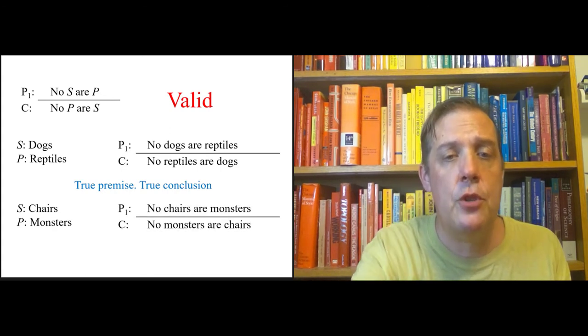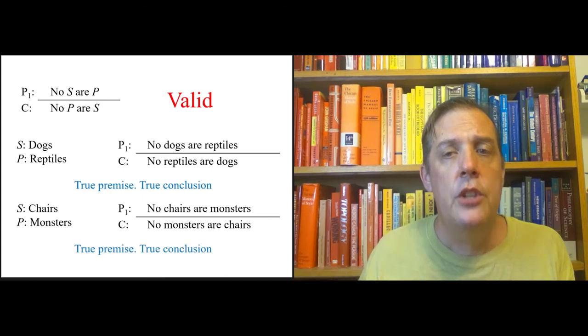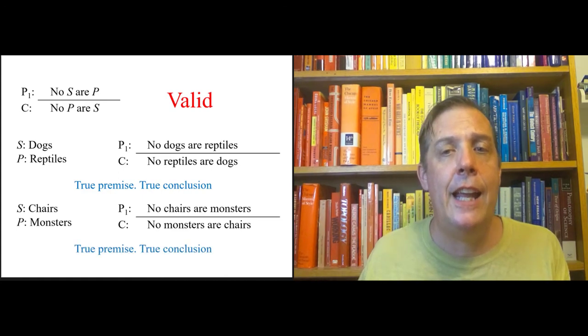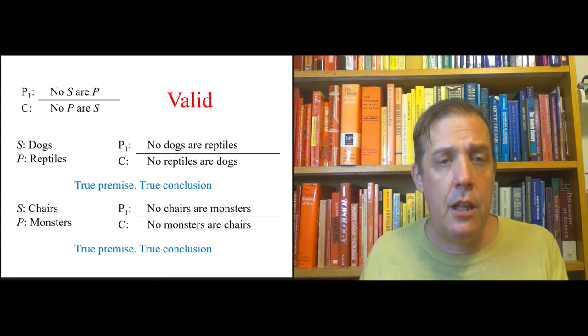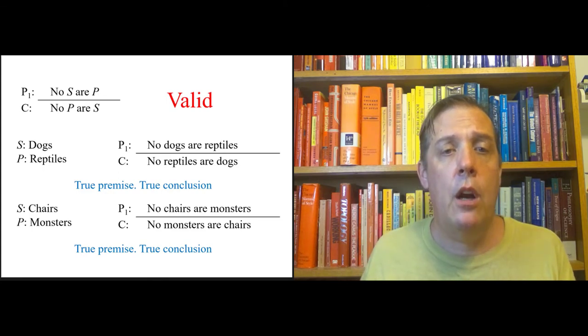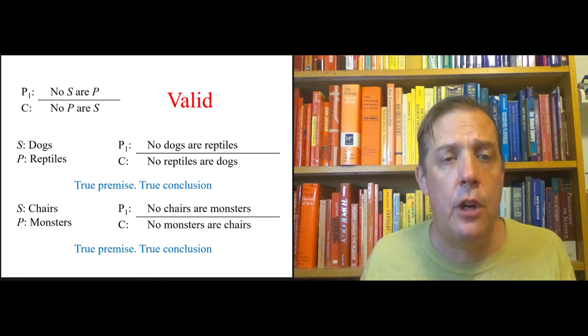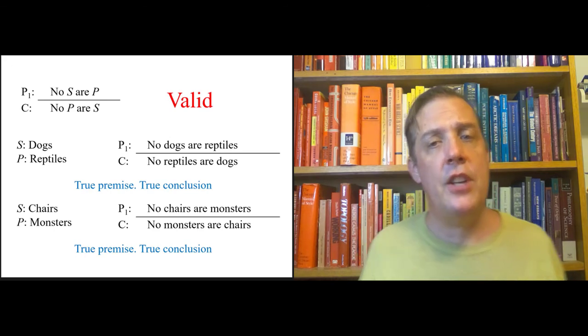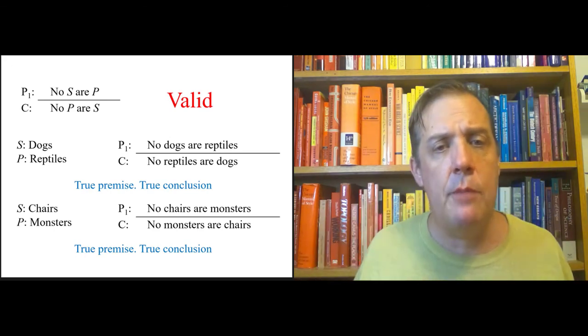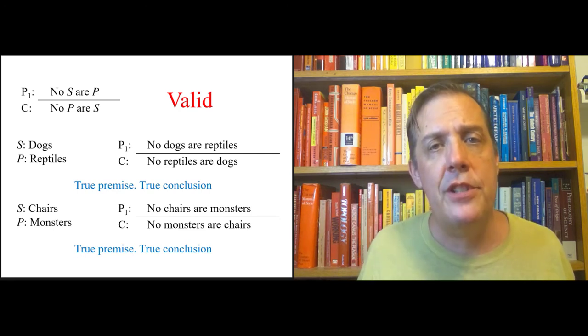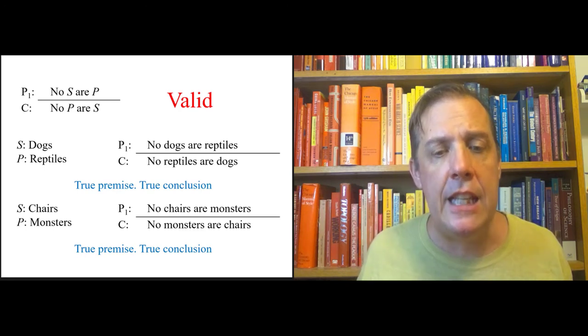Well, the premise is true and the conclusion is true. So you cannot create an argument here where the premise is true and the conclusion false. Therefore, this process of switching subject and predicate creates valid arguments for statements of mood E.